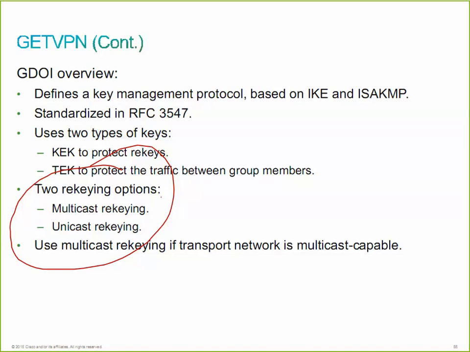If most of the group members can only do unicast, then obviously you want to use unicast rekeying. If most of the group members are multicast and the network itself is capable of multicast, then we would use multicast rekeying. Okay?